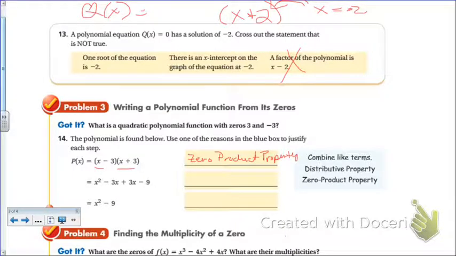And then from that point, they distributed everything. So they did the FOIL method. That's the distributive property. And then finally, they combined like terms, the negative 3x plus 3x there. So those are just the steps we took.